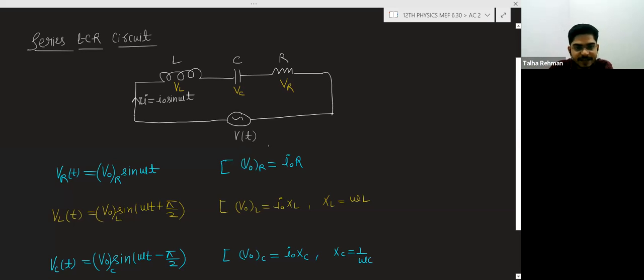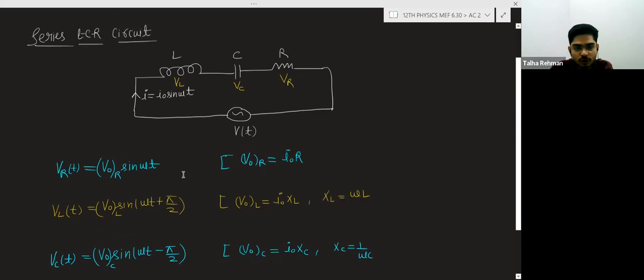Suppose at any instant of time, the equation of the current is I is equal to I naught sine omega t. And for that instant, suppose V suffix L is the voltage across the inductor, V suffix R is the voltage across the resistance, V suffix C is the voltage across the capacitor.